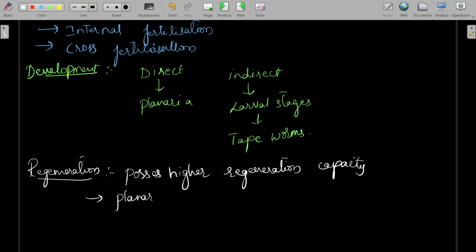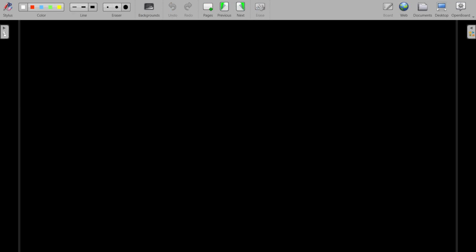Planarians. These are free living forms. Next, coming to the classification, these platyhelminths are classified into 3 classes.